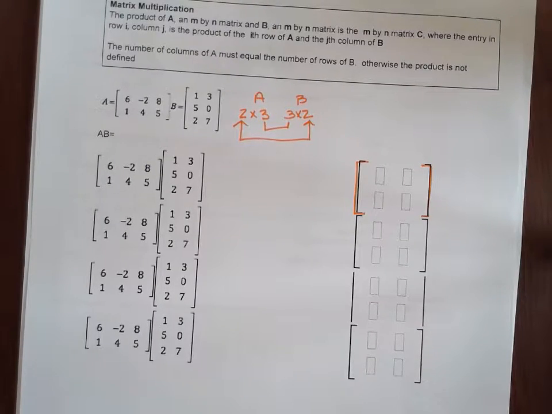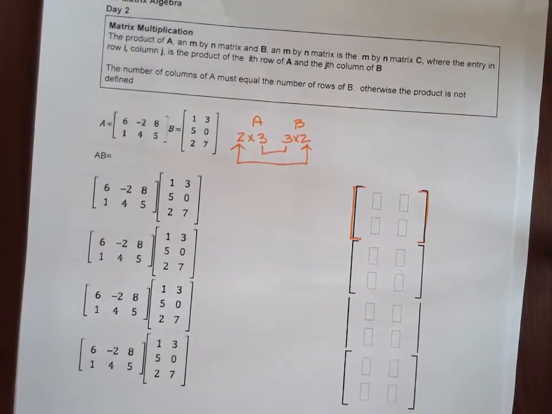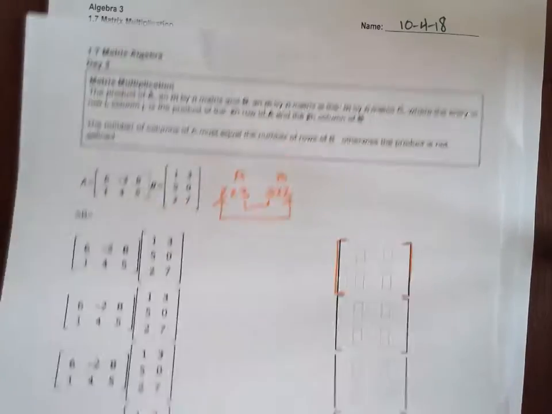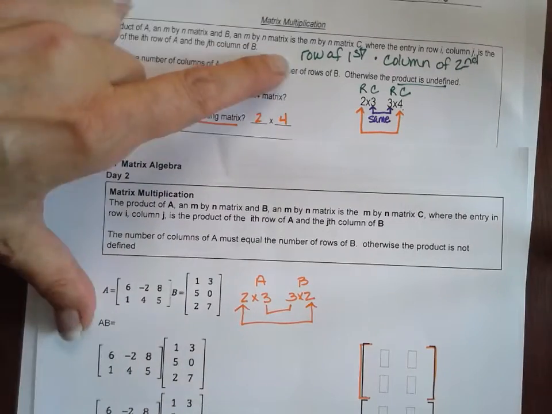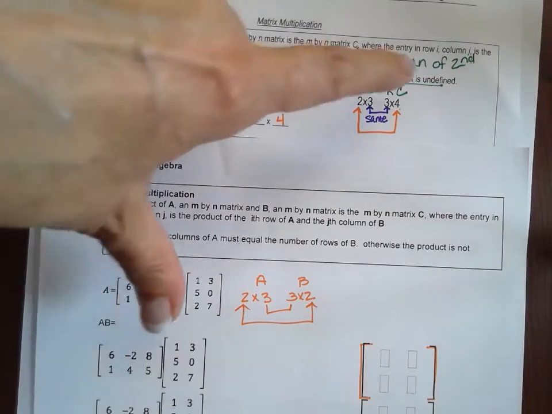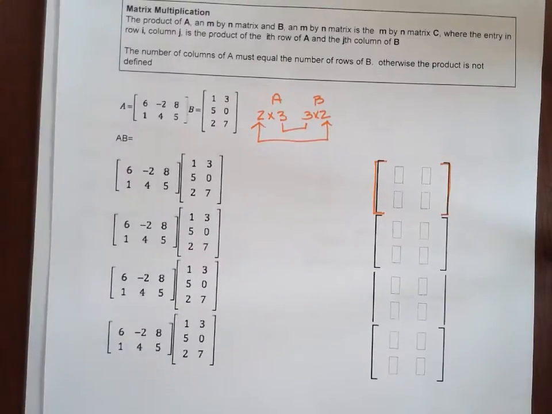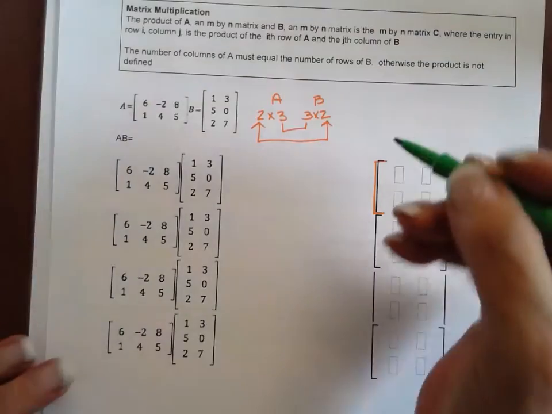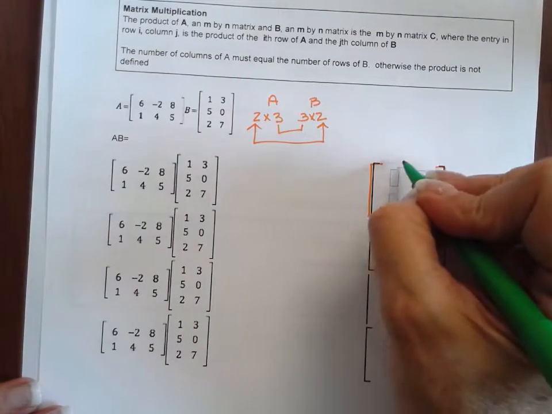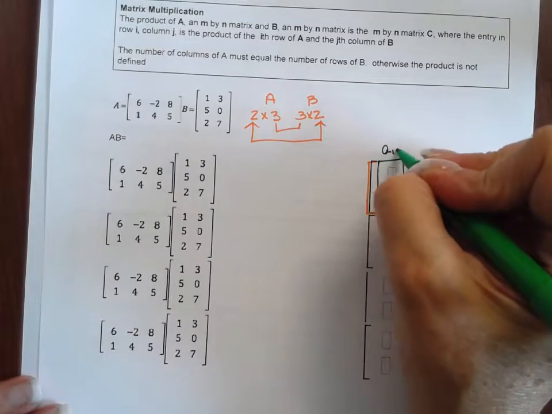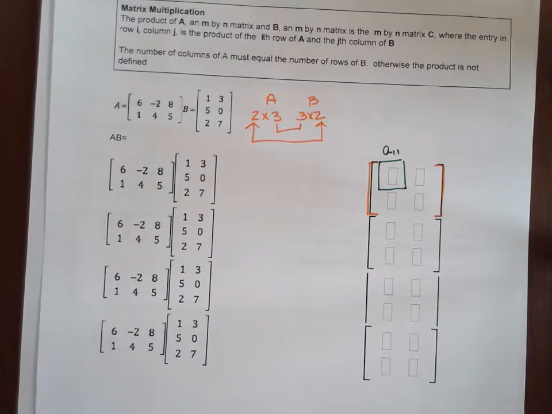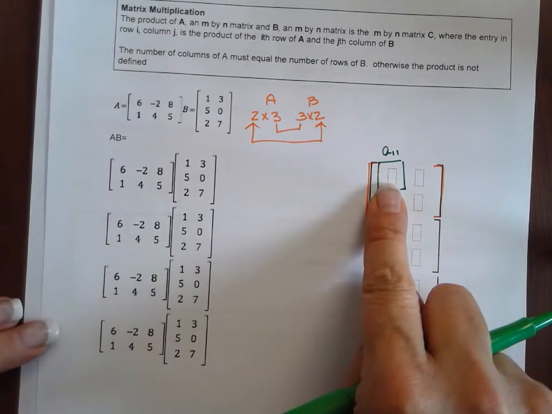Now, remember when we were talking about the product back here? It was basically the row of the first and the column of the second. And so what that is saying is for this position here, it would be considered A11, right? Because it's first row, first column.